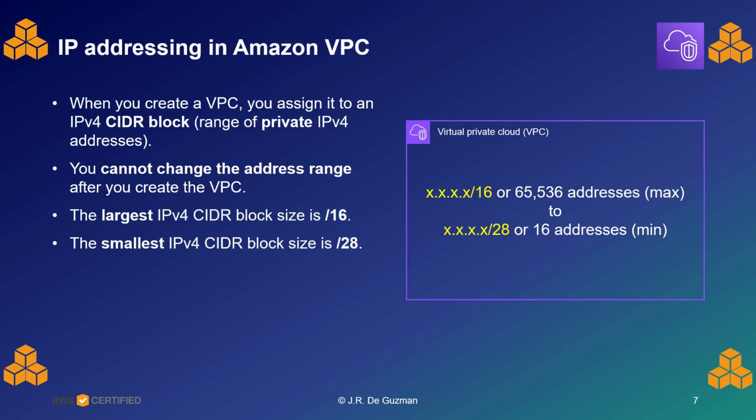Next, the IPv4 CIDR block might be as large as /16, which is 2 raised to 16, or 65,536 addresses available, or as small as /28, which is 2 raised to 4, or 16 available addresses.